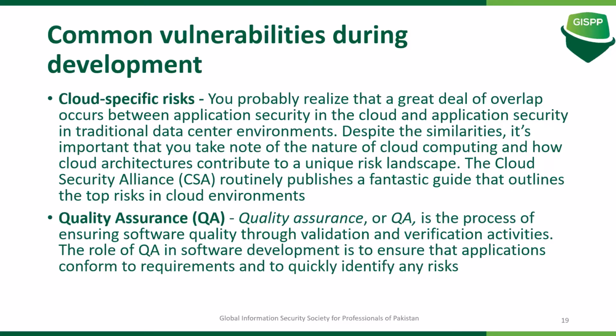Like OWASP calls it OWASP Top 10, CSA calls it Notorious 19. So I would highly encourage, go to the CSA website or Google Notorious 19, and you will see the most common cloud issues that are out there. That will give you a very good insight on how the cloud is vulnerable, if not properly set up.